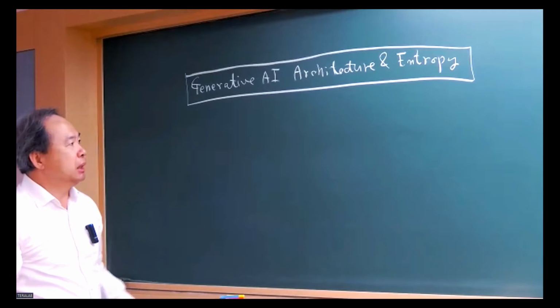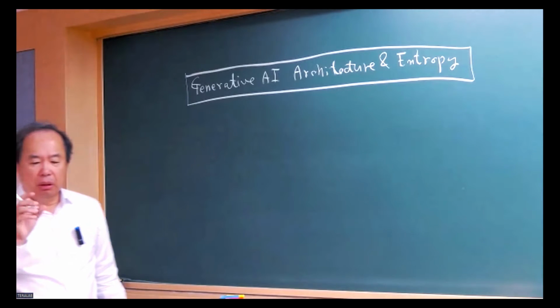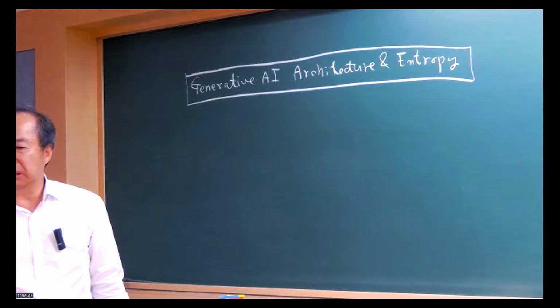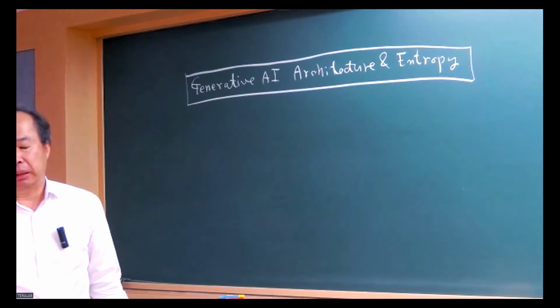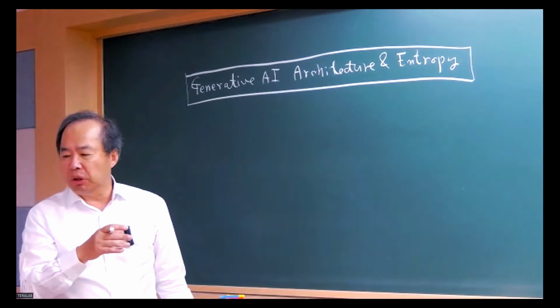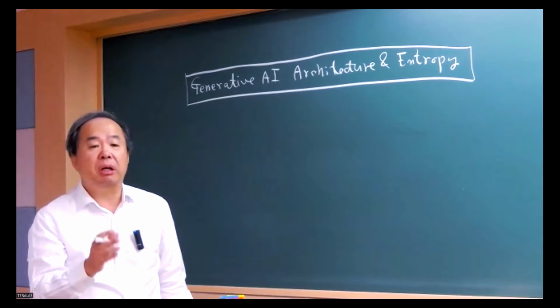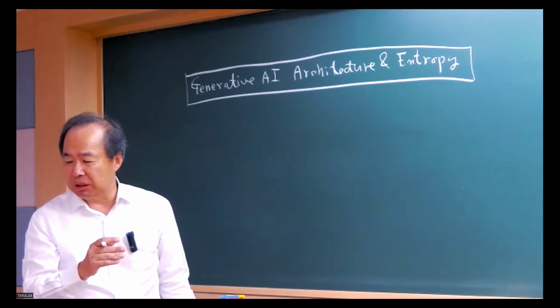And at the end, in addition to the architecture, a more important design element is what's going to be the loss function. In the previous classes, I was talking about many different loss functions, such as mean square error, entropy, cross entropy, and KL divergence.